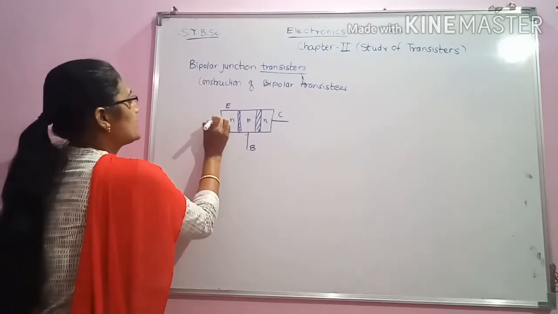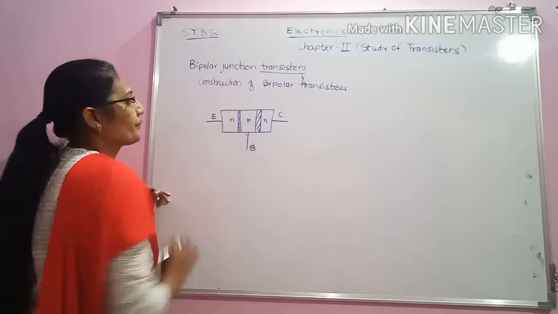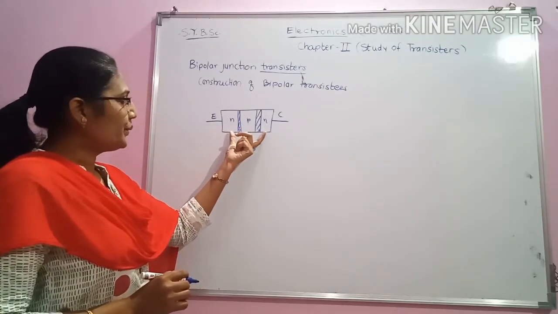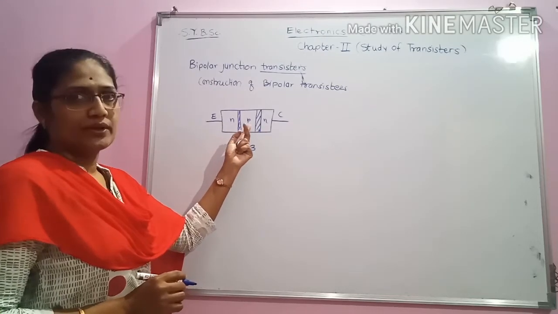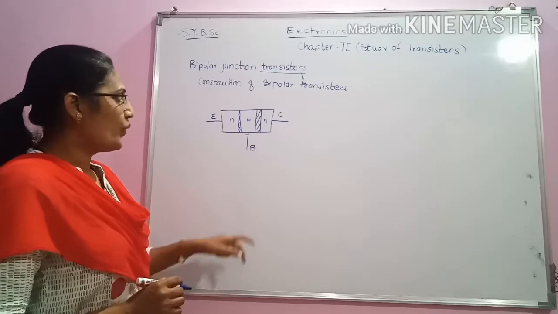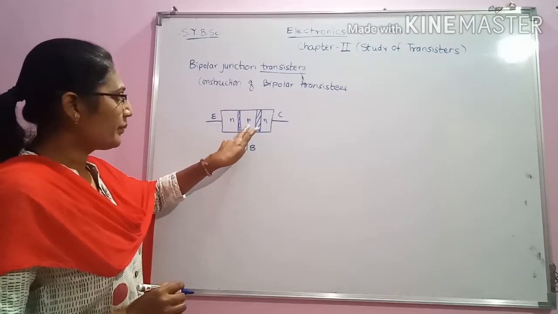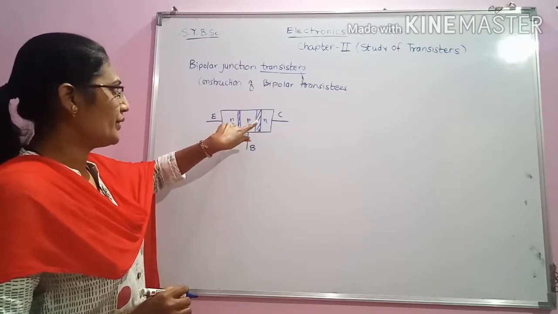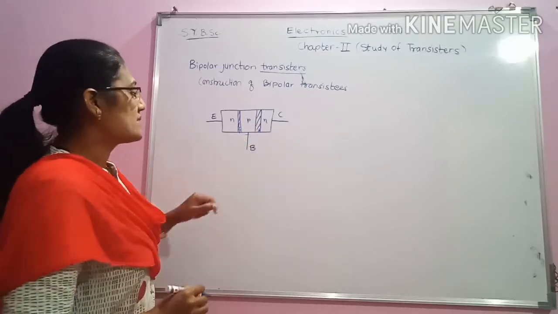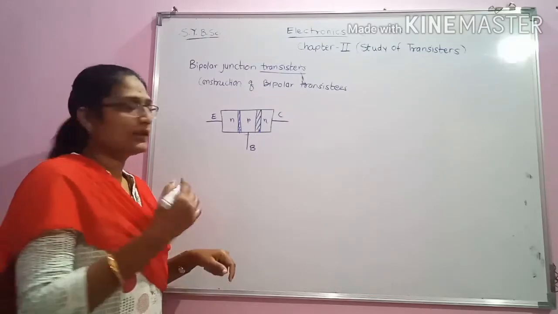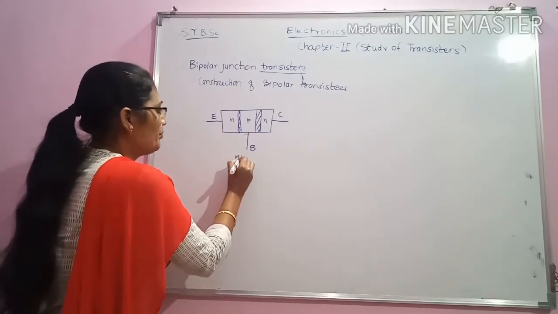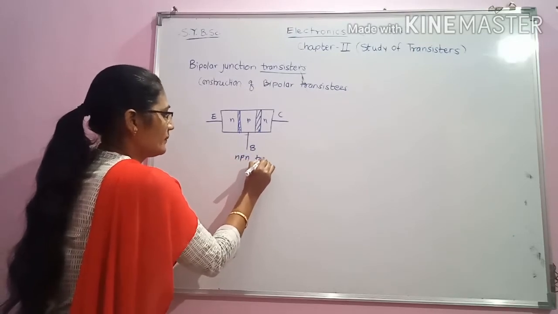In this transistor, a p-type material is sandwiched between two n-type materials. There is one more situation where an n-type material is sandwiched between two p-type materials, and that transistor is called a PNP transistor, and this transistor is called an NPN transistor.